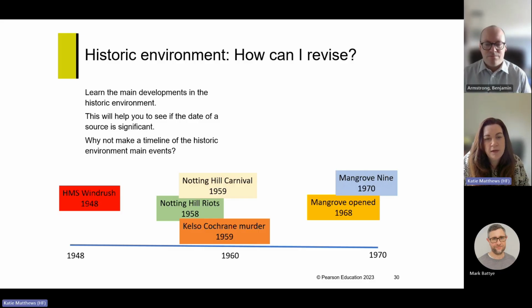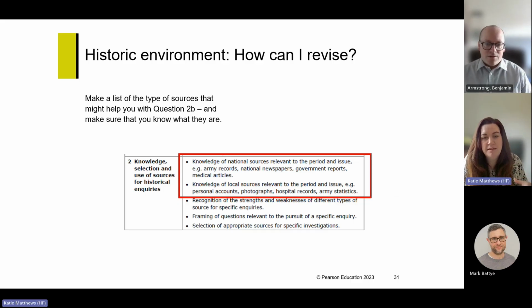And then whilst we're talking about sources, again, going back to the specification, it gives you a list. Doesn't matter which historic environment you're studying, whether that's crime or medicine, etc. It will give you a list of different sources the examiner expects you to be comfortable with. So what I would be doing is writing myself down a list of all of these different sources, and then just try and expose yourself to as many of them as possible.